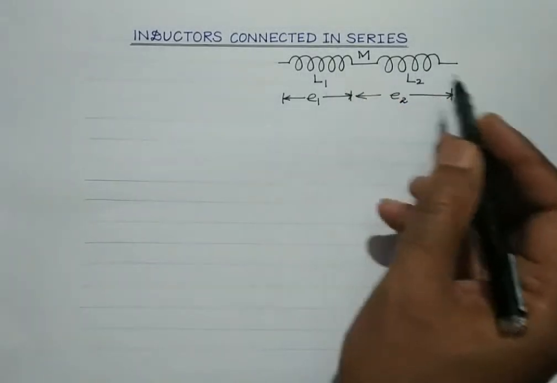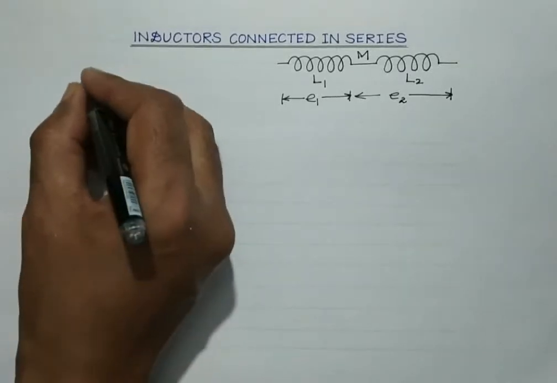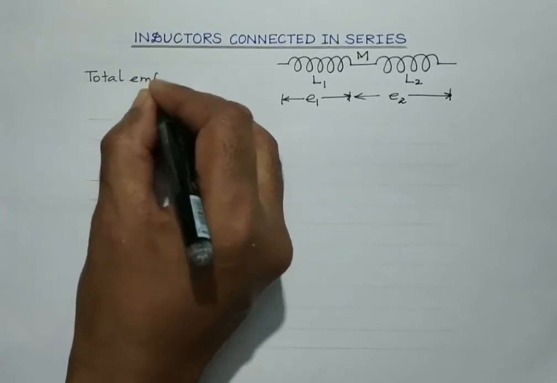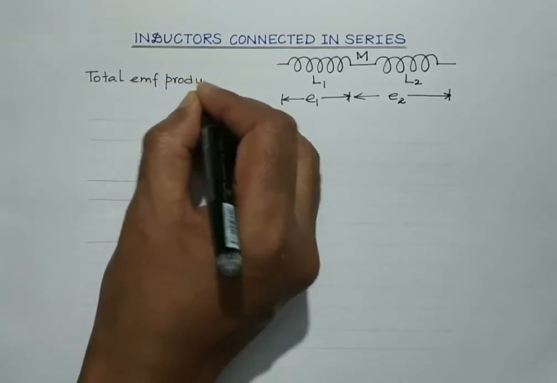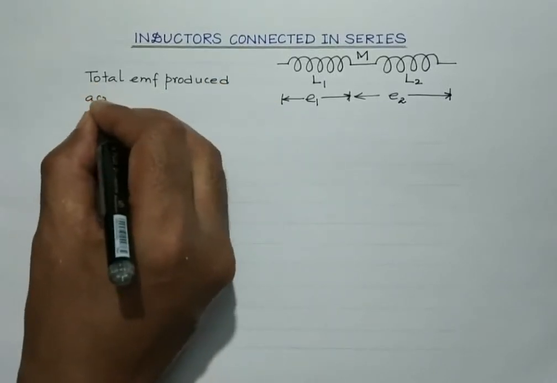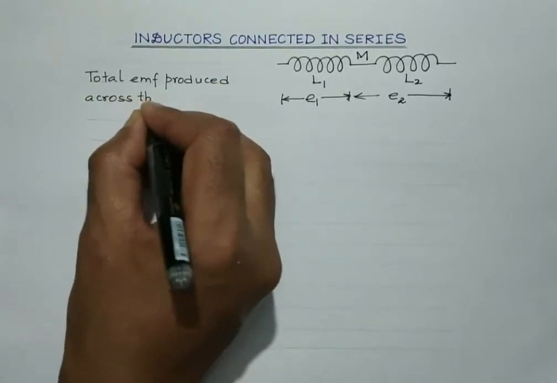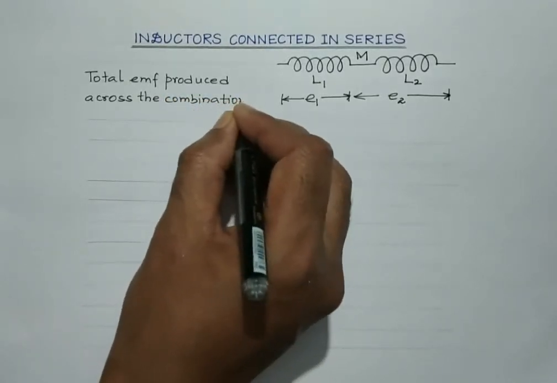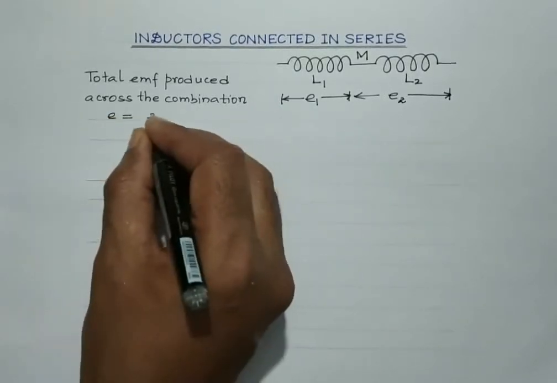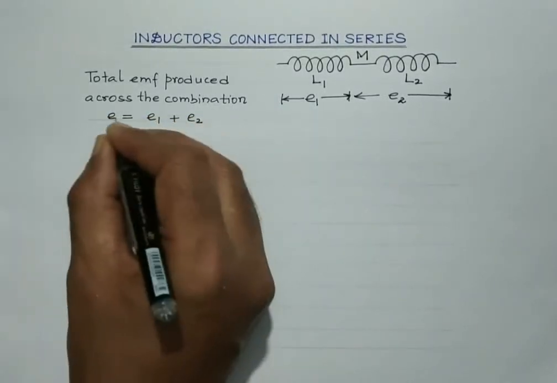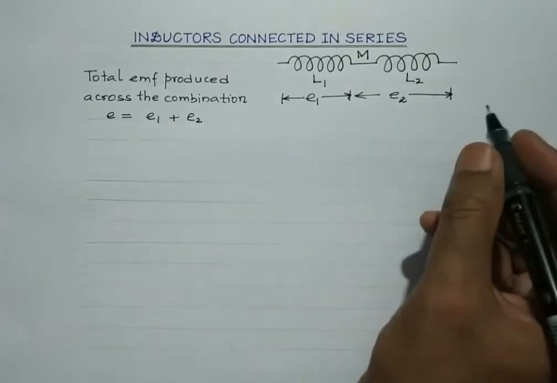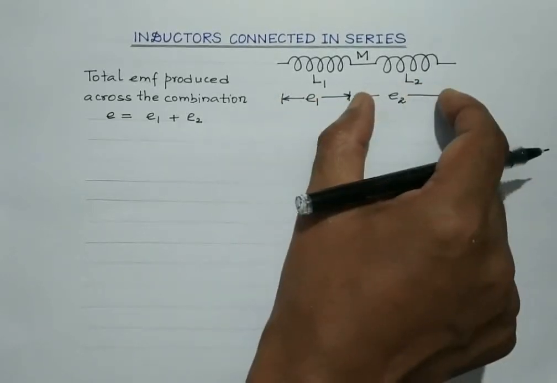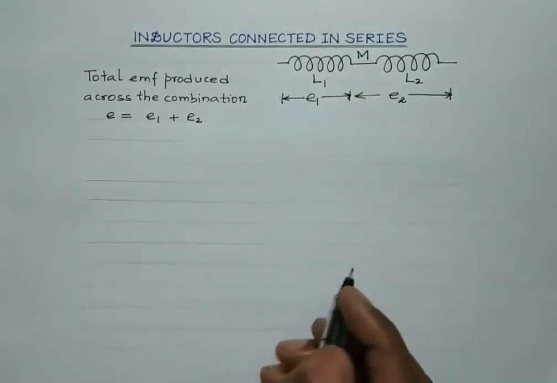Now since these two are connected in series, therefore the total EMF produced across the combination is obviously given by E is equal to E1 plus E2. This is the net EMF induced across the combination, right? So it will be definitely given by the potential drop across the first conductor plus the induced EMF across the second conductor, right?